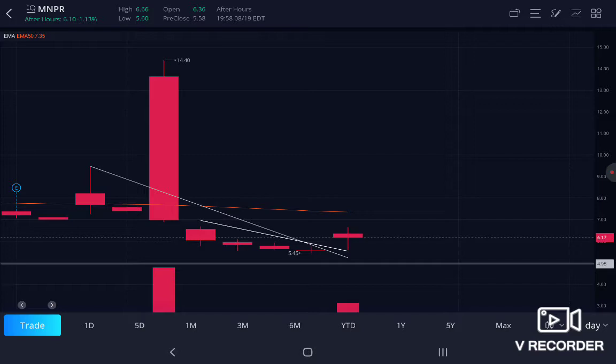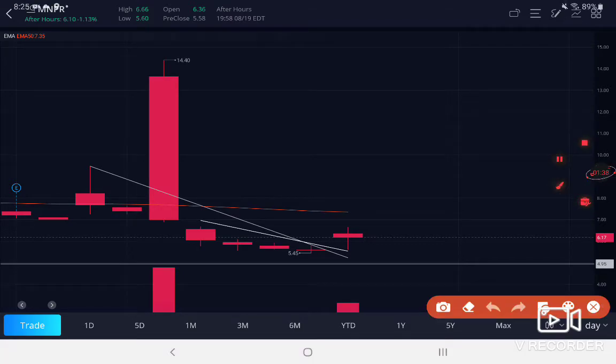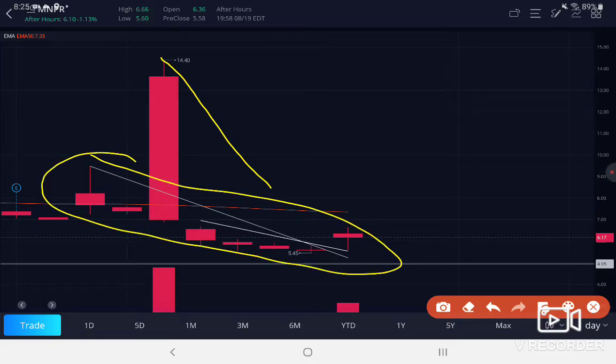We're going to talk about the downward trend lines I have here first. I really tried to stay with the main downtrend pattern here, regardless of that big spike that we had.